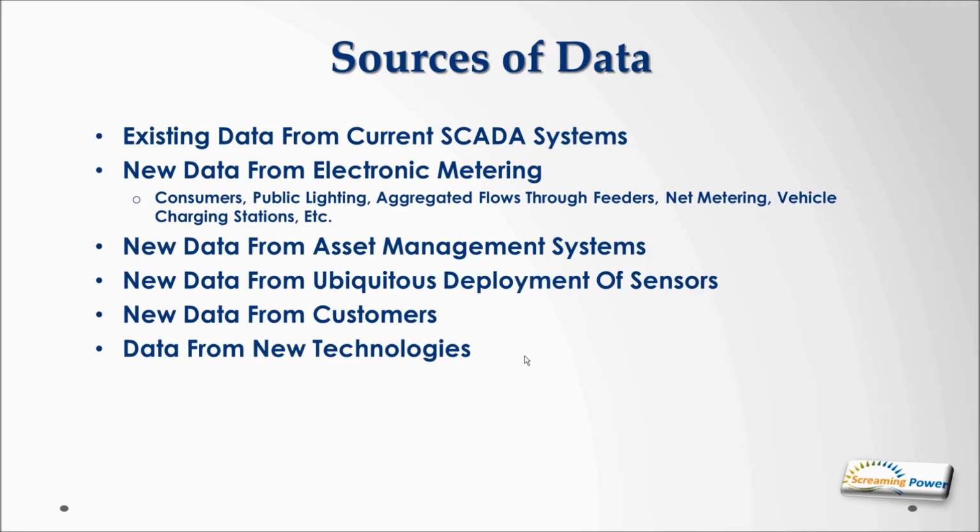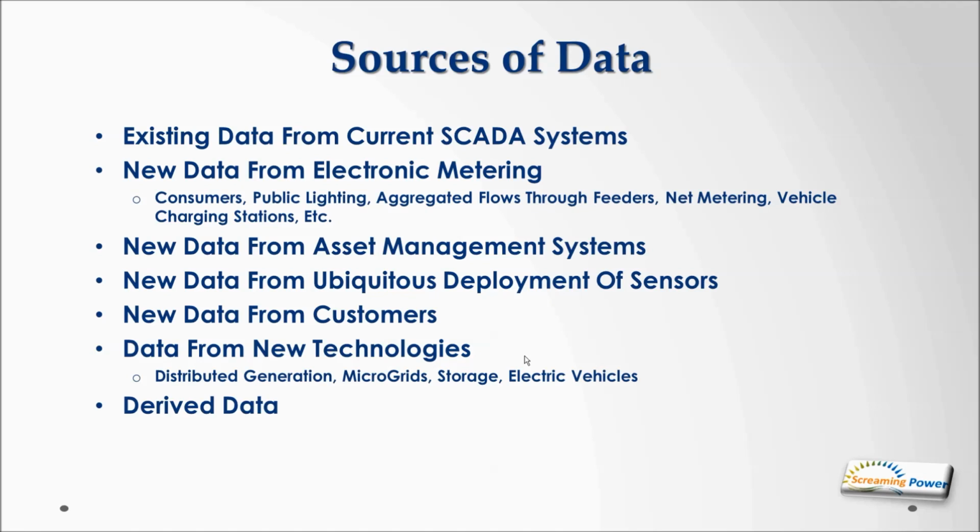And we're going to get new data obviously from the new technologies as they emerge. And these include things like distributed generation, microgrids, electrical storage, electric vehicles, etc. We're also going to be able to derive a lot more data. When we combine this data, we can derive new data information such as power quality, analytics, etc.